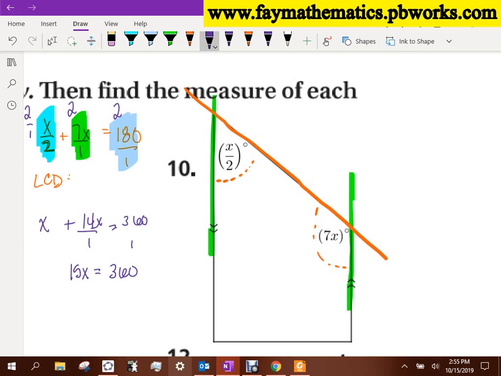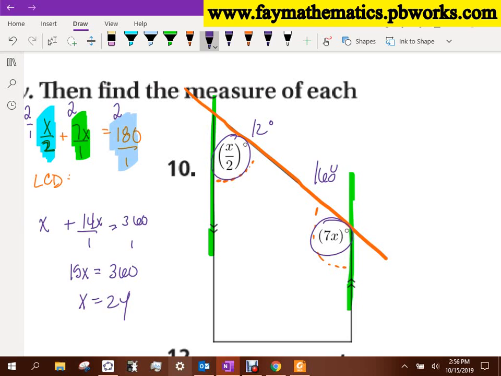So you divide that out, you get 24. Okay? You can check that. Plug 24 in right there, you get 12. Plug 24 in there, you should get 168. And that grouping of 12 and 168 should then model the 180-degree supplementary aspect.